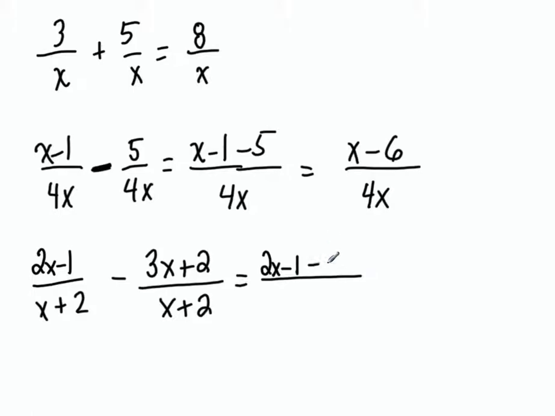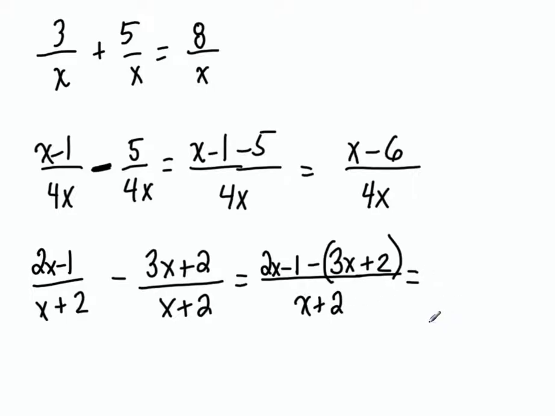What do you think I'd have to put there? Parentheses. Why do I have to put parentheses? Because I'm not multiplying and I have a binomial, right? And I'm subtracting the binomial, not just the 3x. Over x plus 2. What is the bottom? x plus 2.